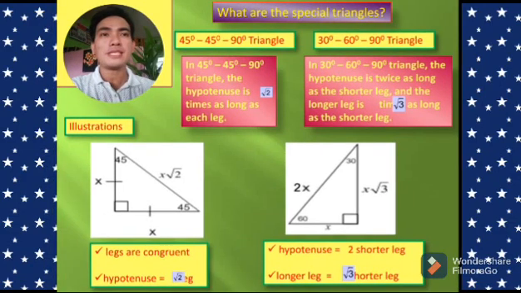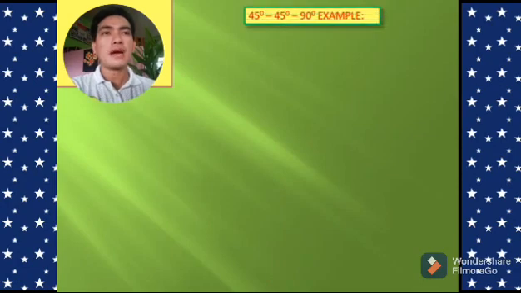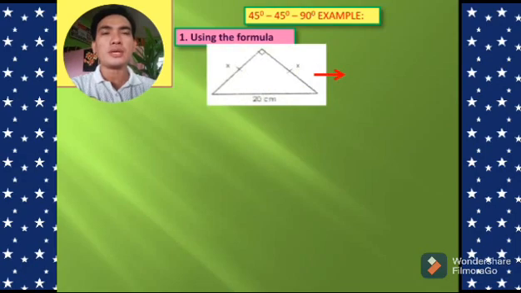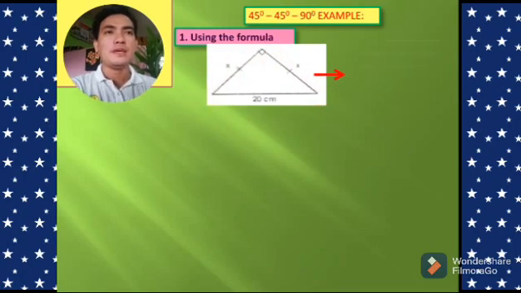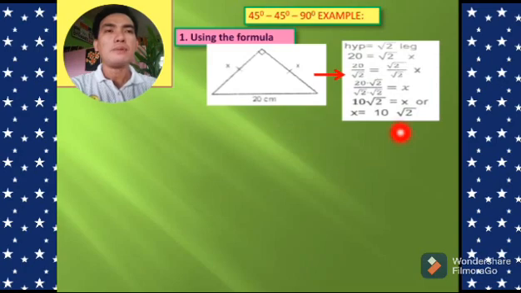Okay, let's take for example a 45, 45, 90 degrees triangle. Let's take a look at the illustration. We have here the hypotenuse is 20 centimeters and x are the legs. Using the formula, hypotenuse is equal to the square root of 2 times the leg.